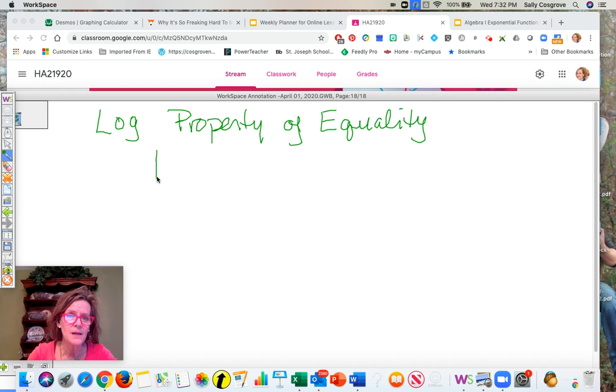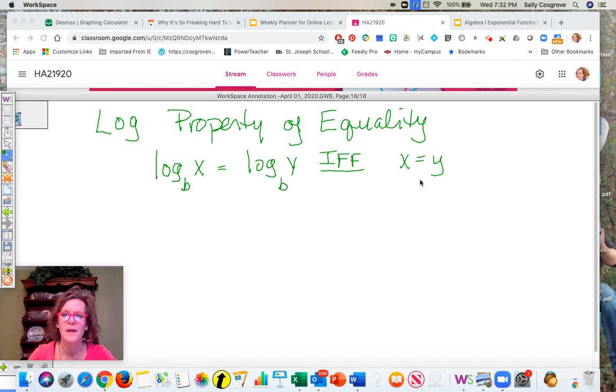So if you have this, the log base b of x equals the log base b of y if and only if, you ready, x equals y.